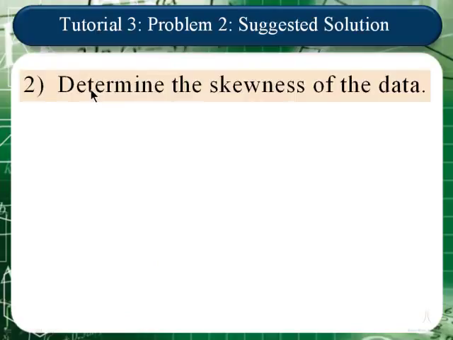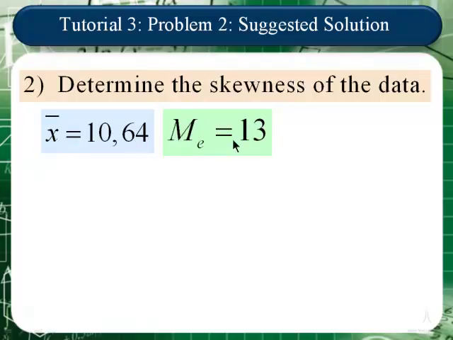Let us look at a suggested solution to problem 2 from tutorial 3. We need to determine the skewness of the data. Now we've calculated the mean to be 10.64, the median to be 13, and the mode to be 14. So I've just placed them in the proper sequence from small to big.